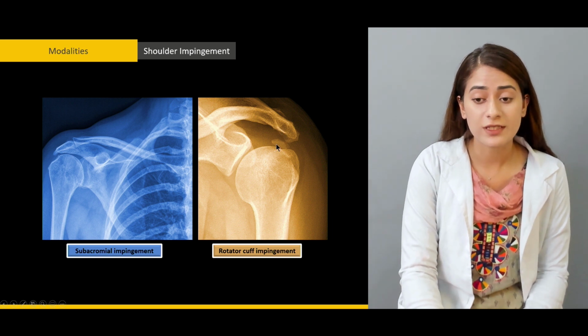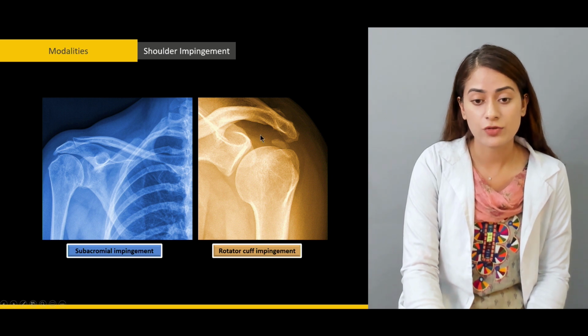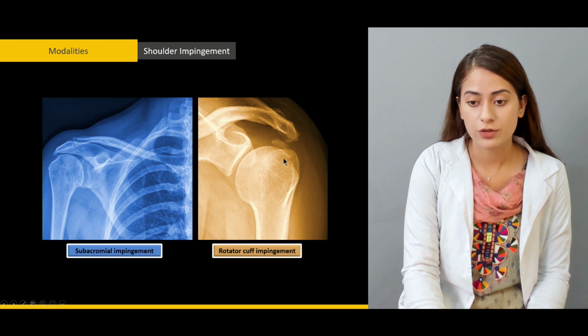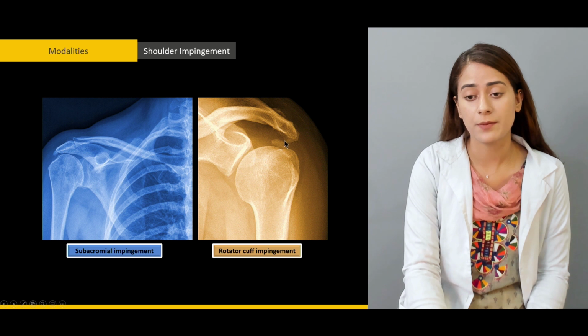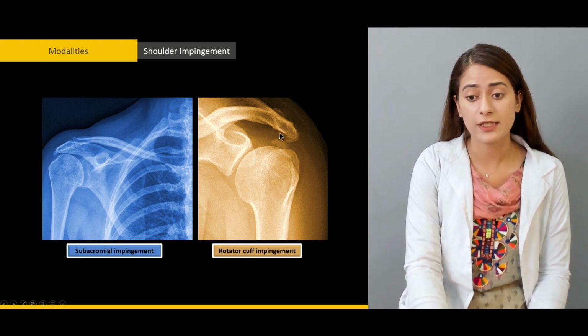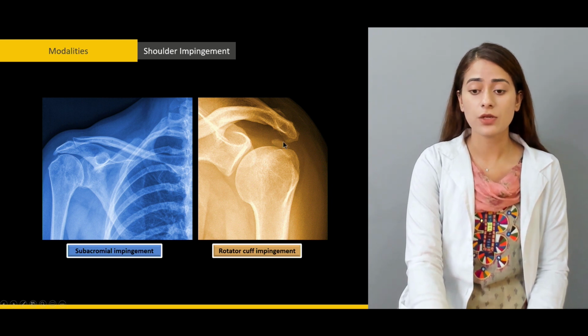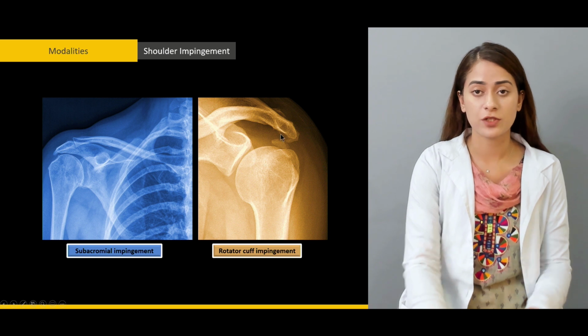Then due to this increased pressure, the subscapularis tendon, which, like I said, is attached to this greater tubercle here and also this greater tubercle here. So this is the root of the subscapularis muscle, and tendon is attached here. So this is actually the calcification of that tendon. So this shows the rotator cuff impingement.